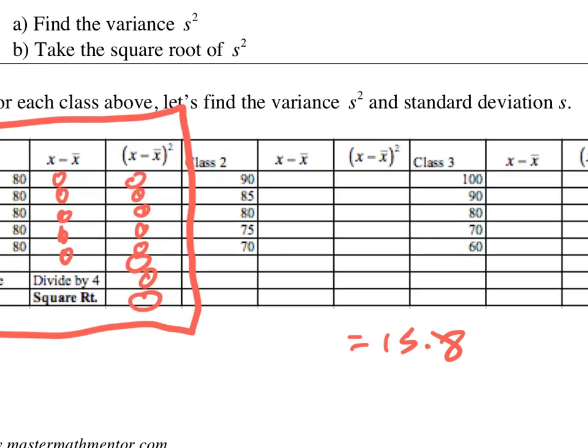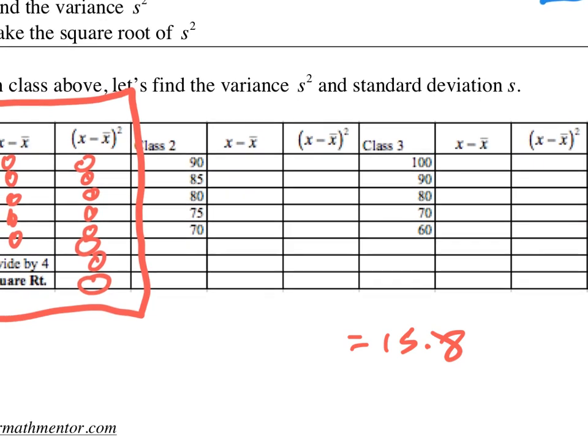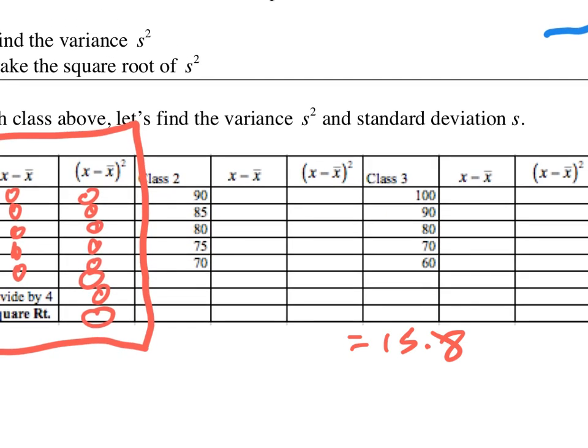If I go and do class 2, well, that's a little more exciting. Wonder where that came from. That was my answer to the other problem, wasn't it? Okay, just stay there. What was the average for this one? Again, weren't they all 80? So what's 90 minus 80? What's 85 minus 80?